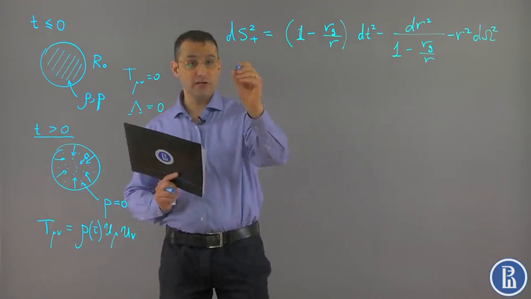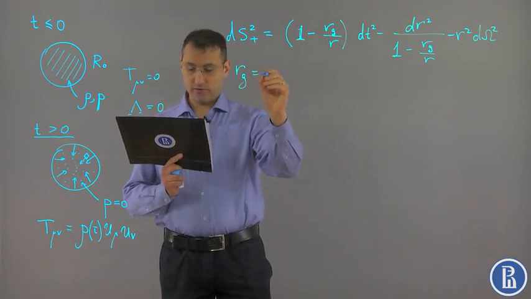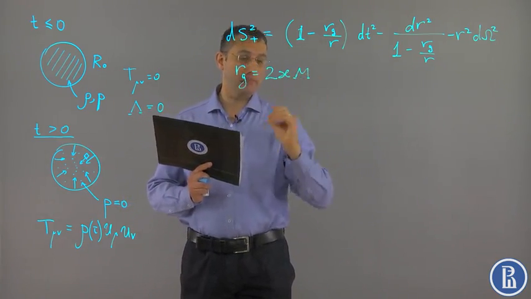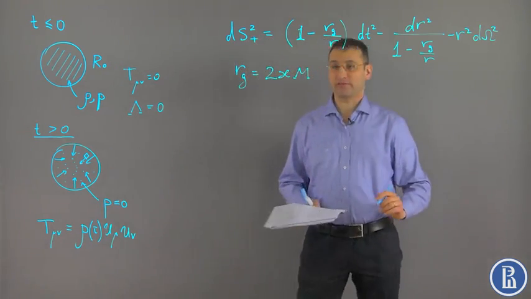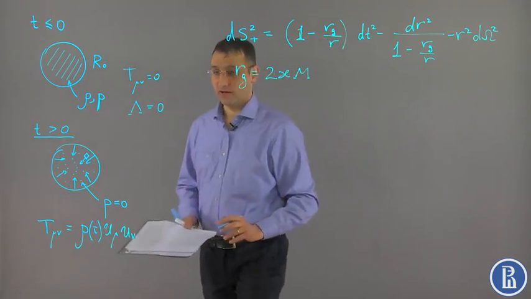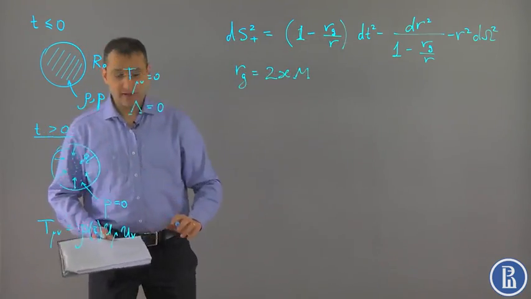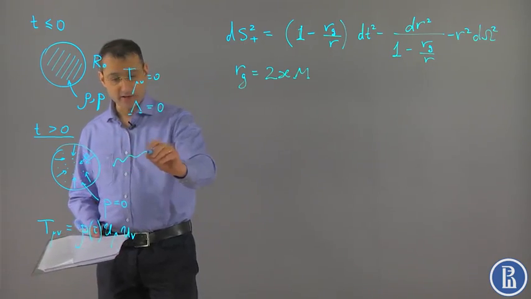And rg is equal to 2 kappa m, where m is the total mass of the star. So, due to the ideal spherical symmetry, there is no gravitational radiation.